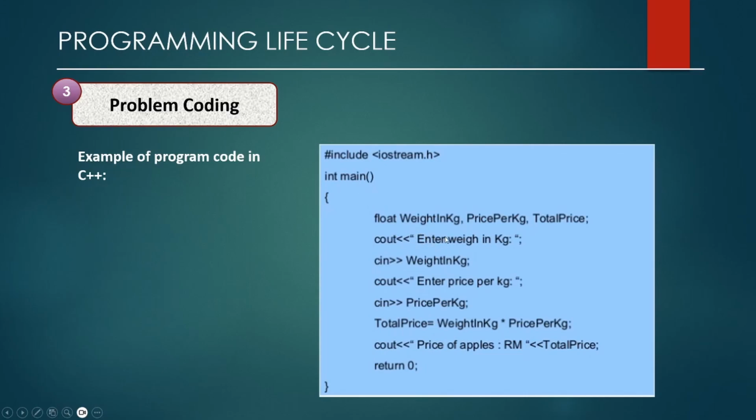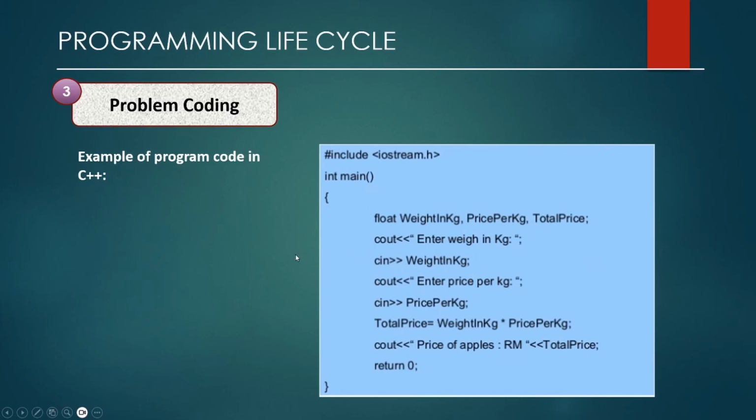And the cin here is what we write to give an input. For example, the screen shows enter weight in kilogram, and then you write 25. 25 is the weight in kilogram. After you write and enter 25, the value is put inside weight in kilogram. So now weight in kilogram is equal to 25.